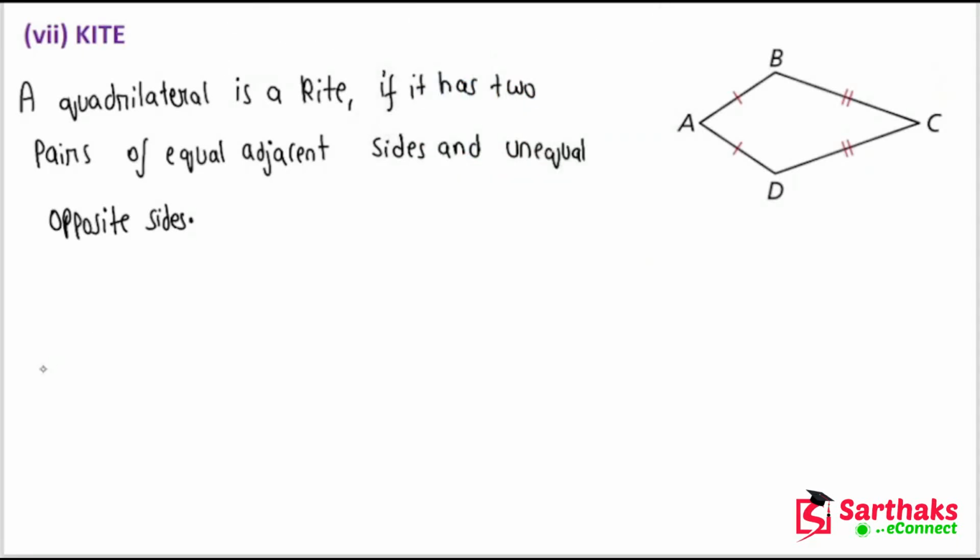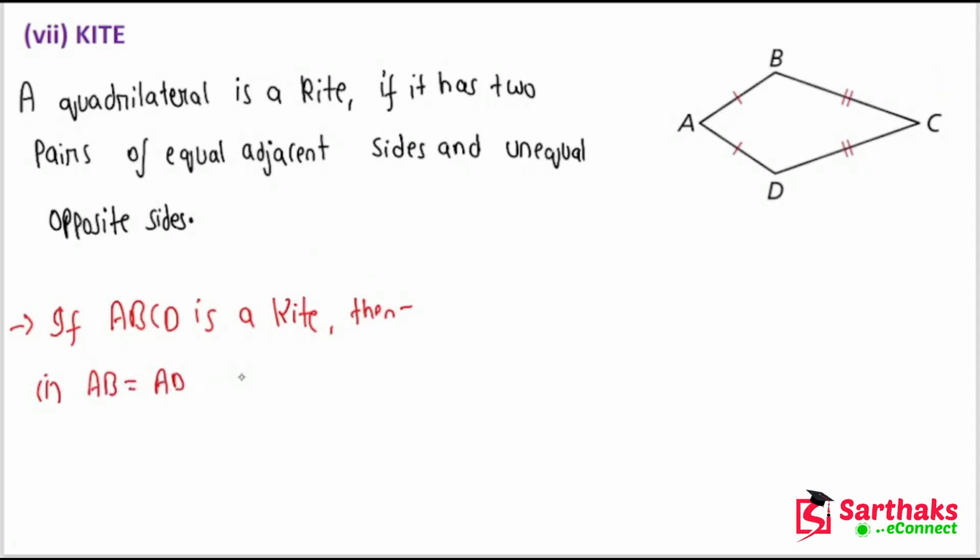So if this figure ABCD is a kite, then it follows that first, AB is equal to AD, because they are equal adjacent sides. Second condition, BC equals CD, that is the other pair of adjacent sides which are equal.